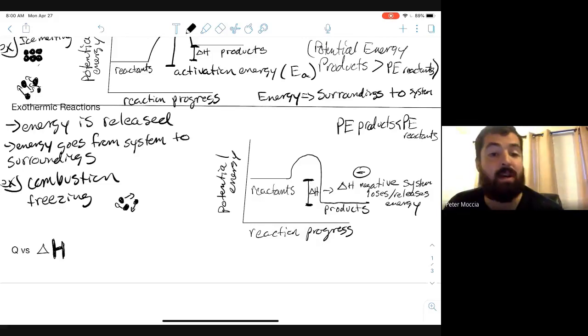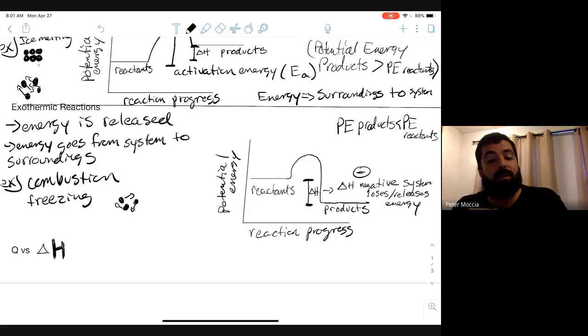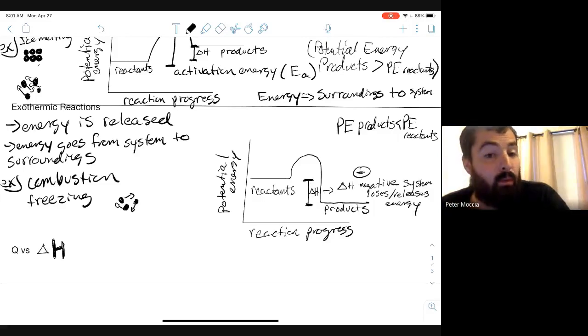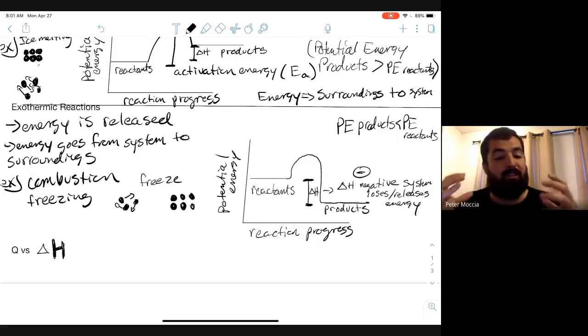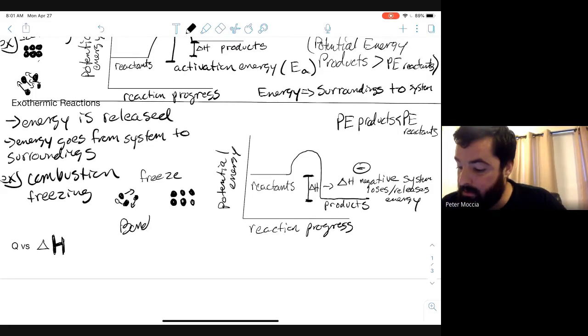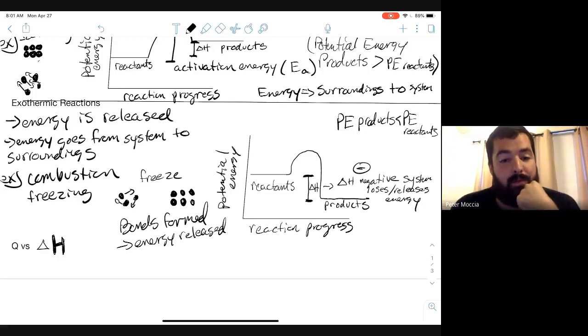The hydrogen is attracted to the oxygen, right? So there's still that, it's called hydrogen bonding, holding the water together, but it's a little bit weaker. But when we freeze, you end up with these water molecules in a fixed place, really tightly bonded together. Okay. And whenever bonds are formed, energy is released. Right. So that's an exothermic process.